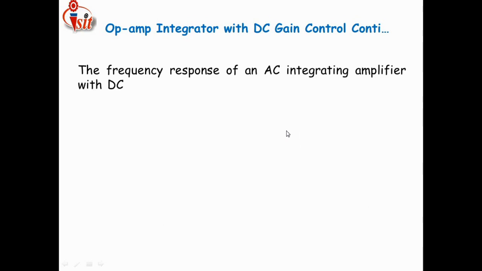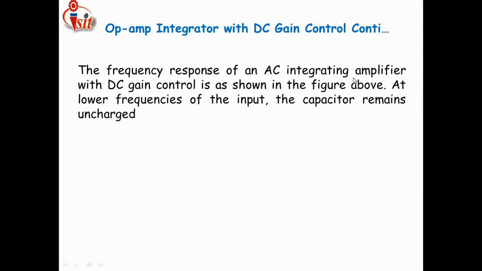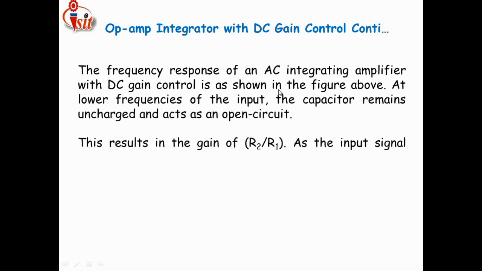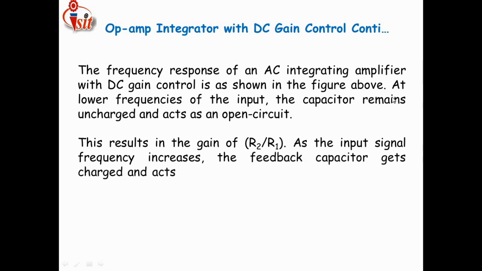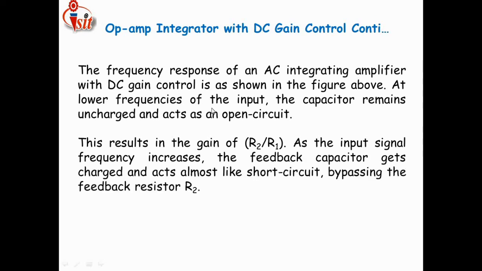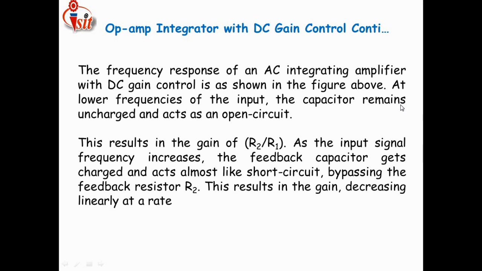Along with this, what about the AC and DC comparison? Just see the frequency response of an AC integrator amplifier with a DC gain control, as shown in the figure above. We have seen that at the lower frequencies of the input, the capacitor remains unchanged and acts as an open circuit. That means there is no change related to the capacitor.